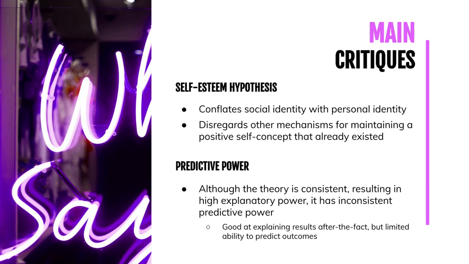Again, that states that intergroup discrimination tends to elevate self-esteem, and that threatened self-esteem promotes intergroup discrimination. But what they found is that this tends to conflate social identity with personal identity, and it also disregards the other mechanisms for maintaining a positive self-concept that already exist in the theory itself, like strategies such as individual mobility and social creativity.